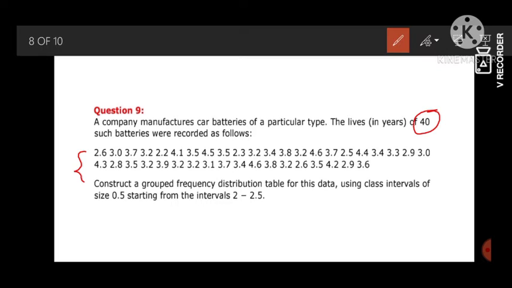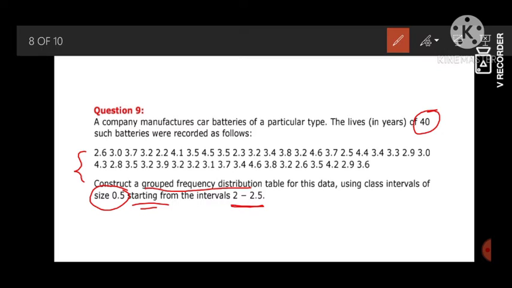Construct a group frequency distribution table for this data using class intervals of size 0.5, starting from the interval 2 to 2.5. So our first interval is 2 to 2.5, and the width of each class is 0.5.